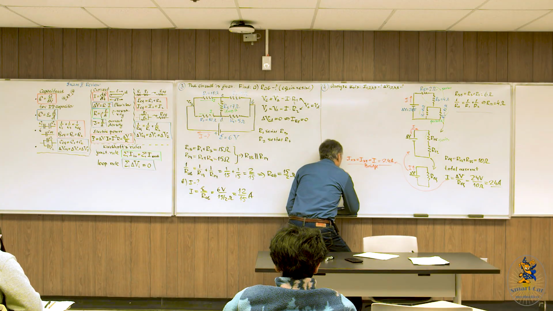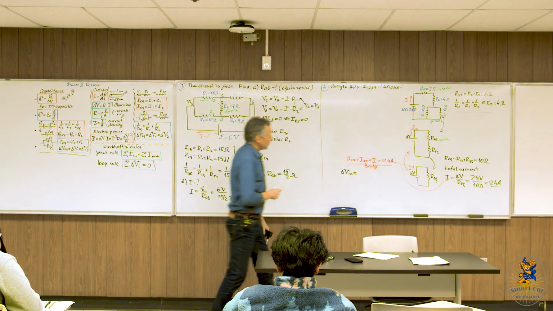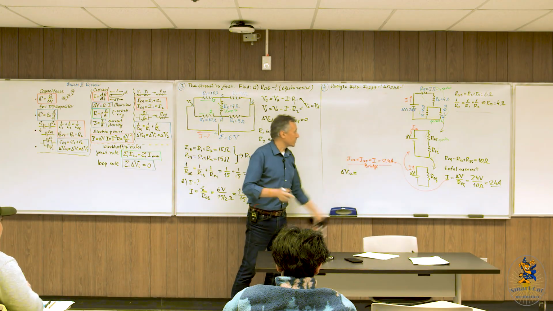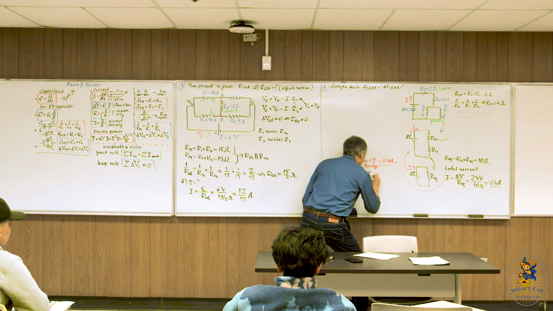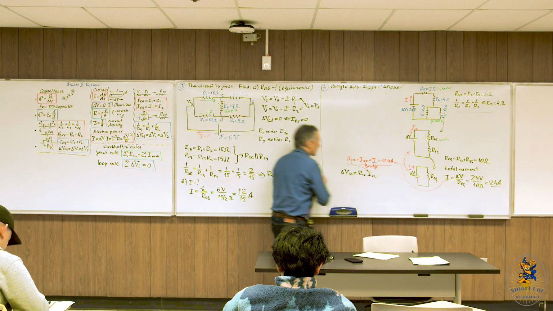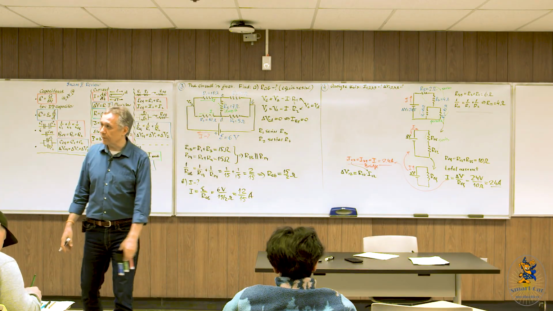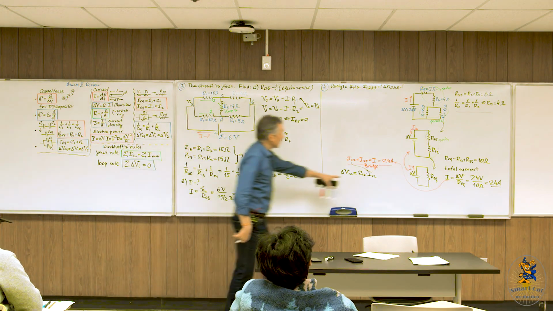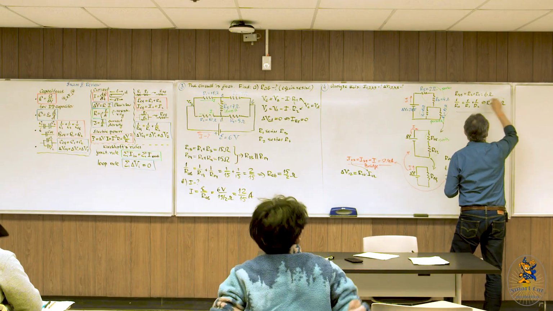So delta V12 will be, by Ohm's law, of course, current times resistance. So R12 times I12, and of course the value of this current comes from the bridge. We're just getting all the information from the bridge. And this comes from here. Let me circle it.